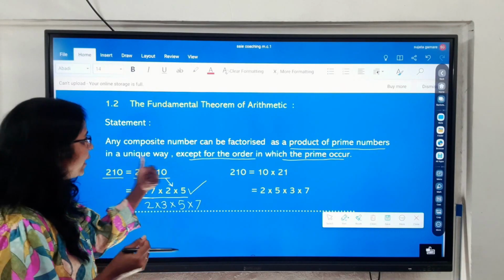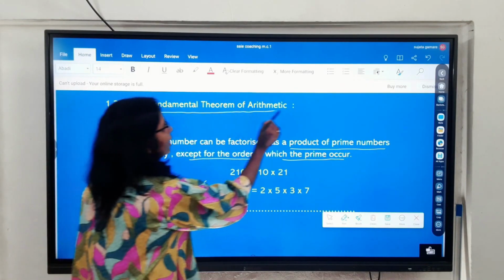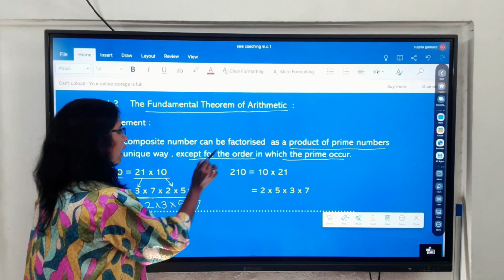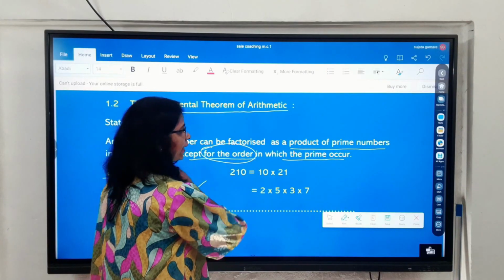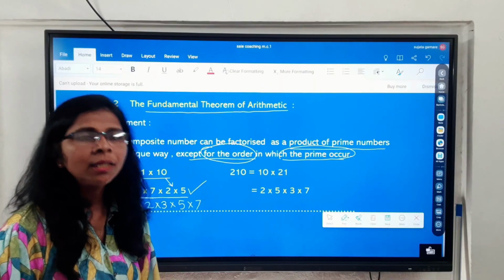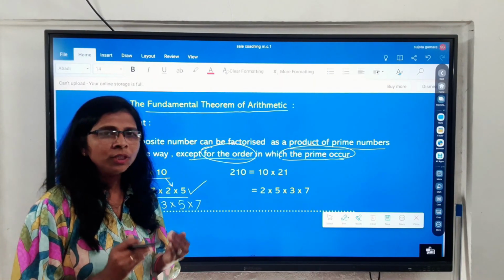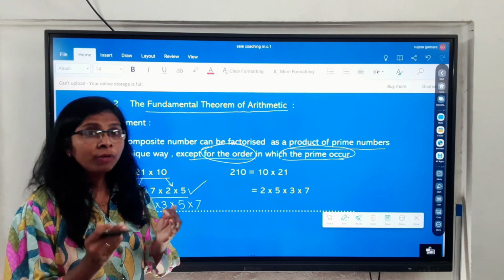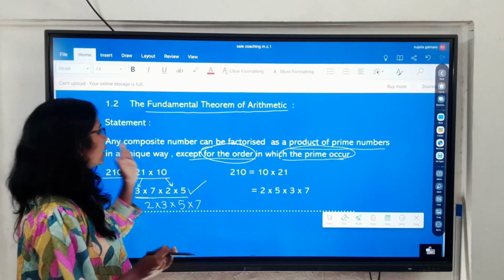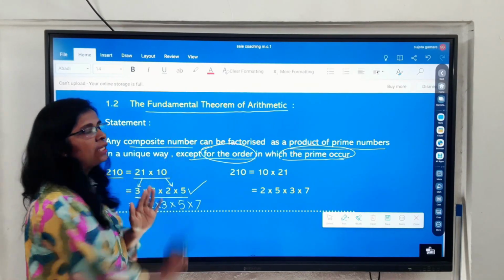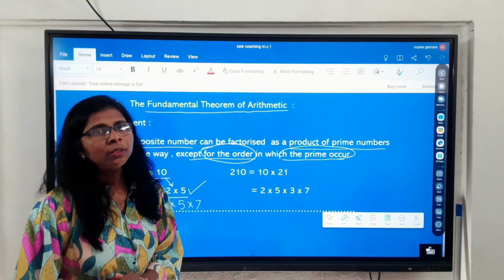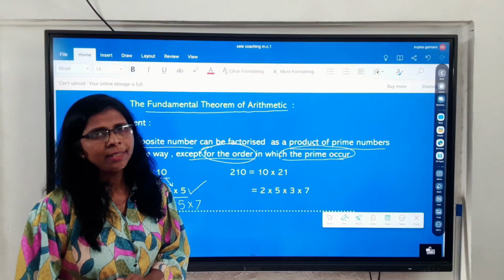This is what the fundamental theorem of arithmetic tells us, that do not worry about the order in which the primes occur. Prime numbers can be in any order, it is fine, only you should factorize the composite number in a proper way, in the right way. Do not make a mistake in factorizing it.